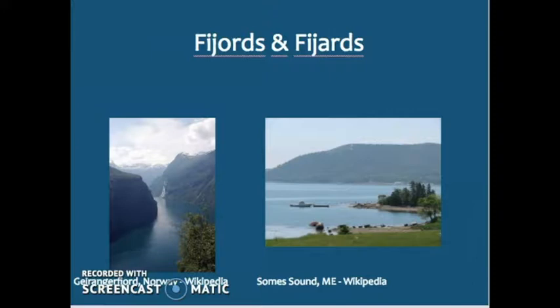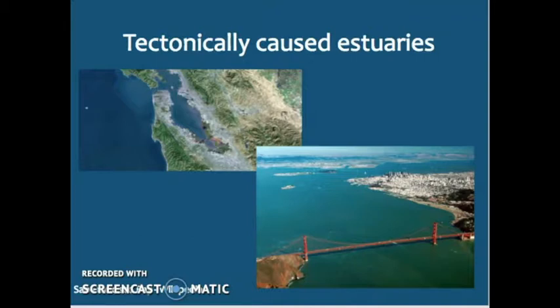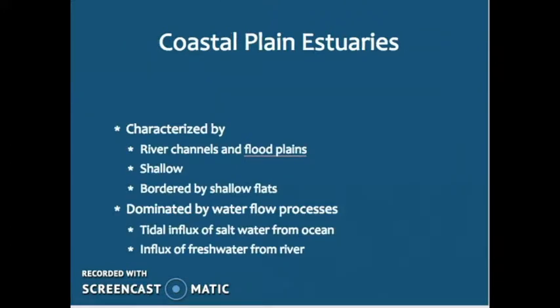And then you can have tectonically caused estuaries like the San Francisco Bay, which is also formed by plate tectonic activity that results in some sort of a depression. And they vary a lot, and they share a lot of characteristics with other estuaries. Yeah, and we don't have any around here in North Carolina.